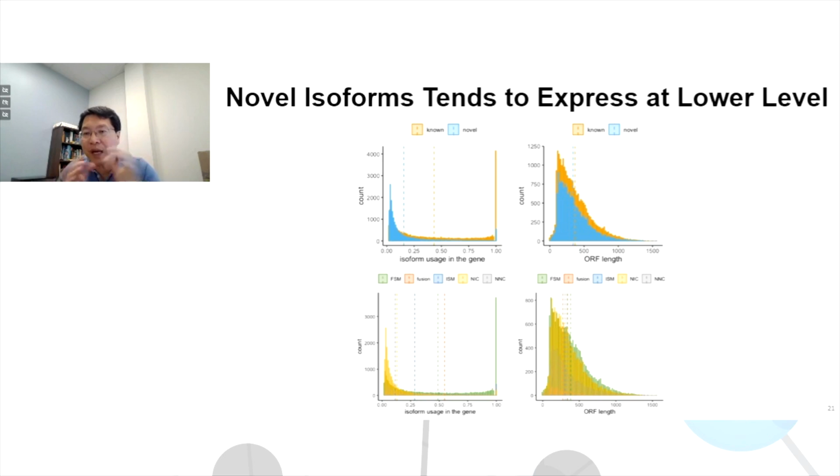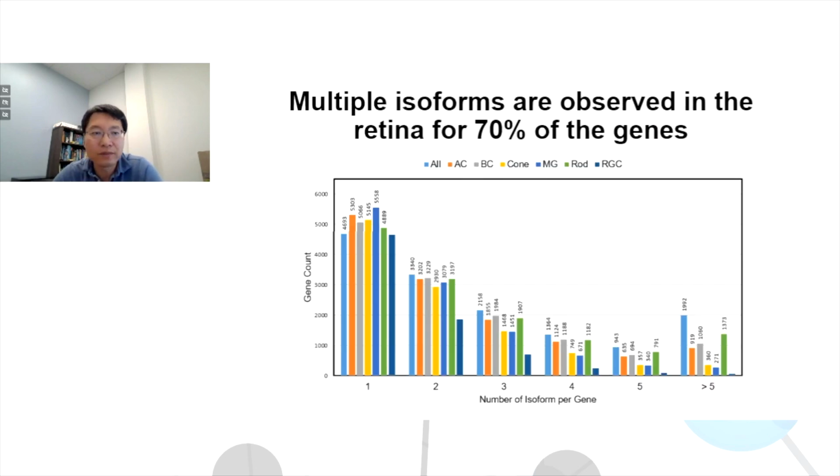And if we break it up into a finer category of the different isoforms, again the same thing: the NIC and the NNC, the novel ones in yellow, are in general lowly expressed compared to the known ones. And the length depends on which category, it may not necessarily be shorter, but in general slightly shorter.